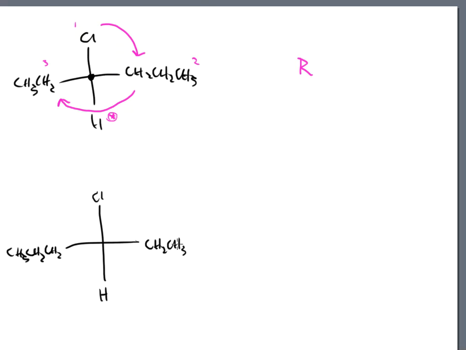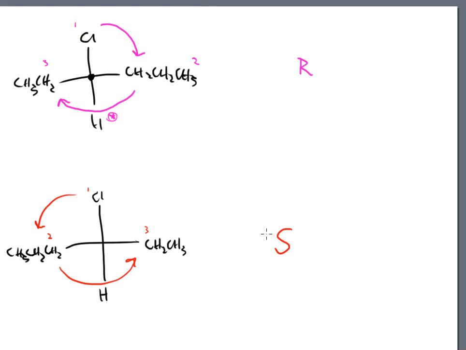Well, lower priorities at the bottom. It's a vertical bond. Therefore, I can rank these just like before. Rank 1, rank 2, rank 3. Here's the arrow that goes around. That is counterclockwise, or the arrow points to my left hand. This is the S form.